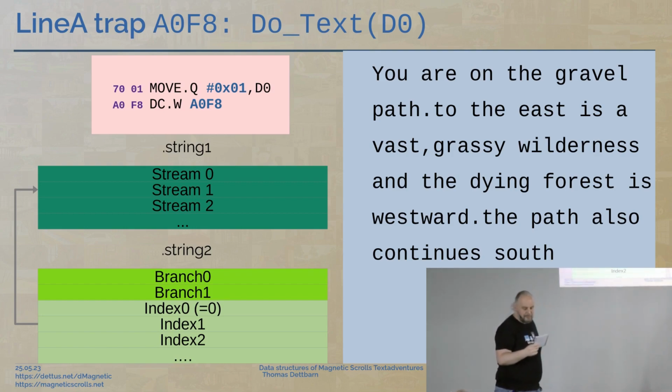Okay, and whenever they wanted to do some callbacks to the hardware, they included a special opcode, this line A trap. I've given an example here. I wrote the value 1 into one of the registers, and then I inserted an opcode A0F8.